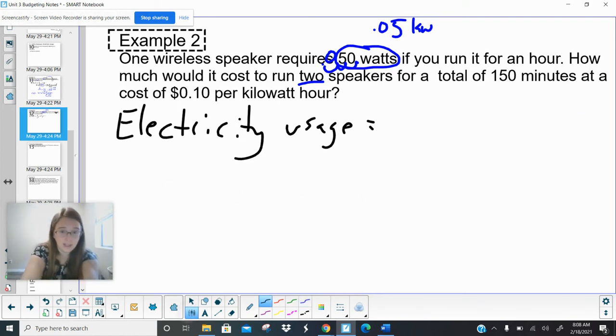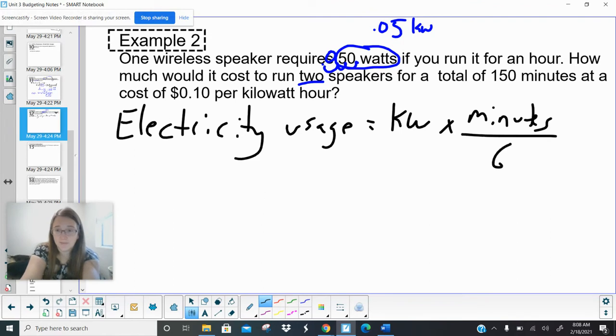So I want you to try it. Once again, the formula is kilowatts times minutes divided by 60. We're using 0.05 kilowatts, not 50. We have the minutes given to us divided by 60. Go ahead and try it.